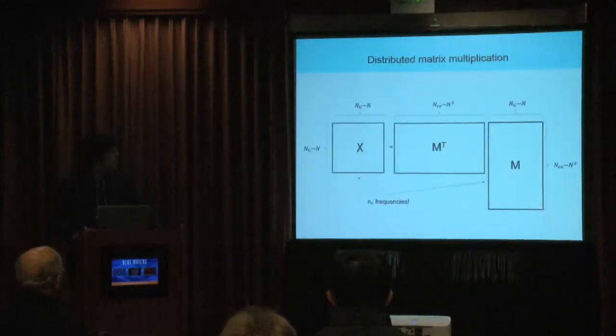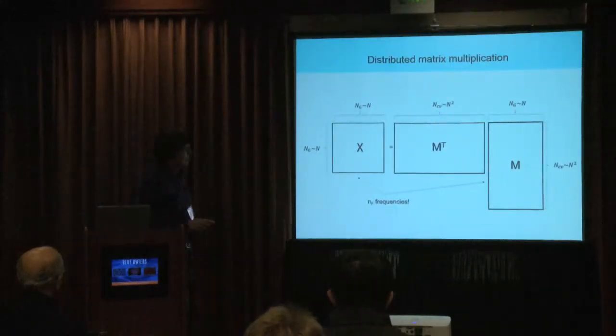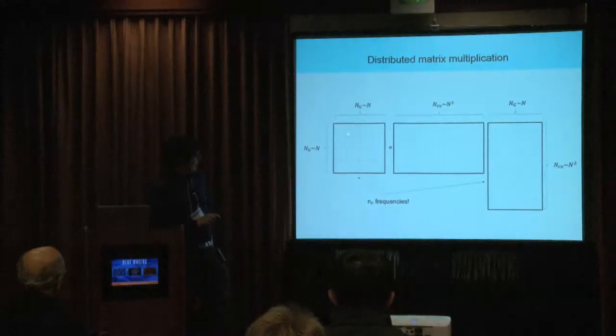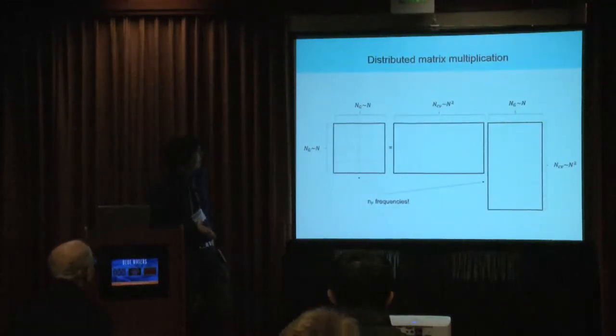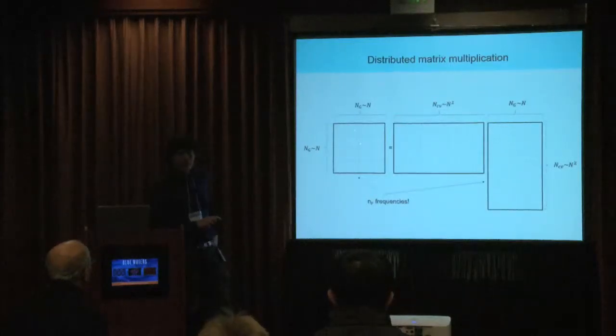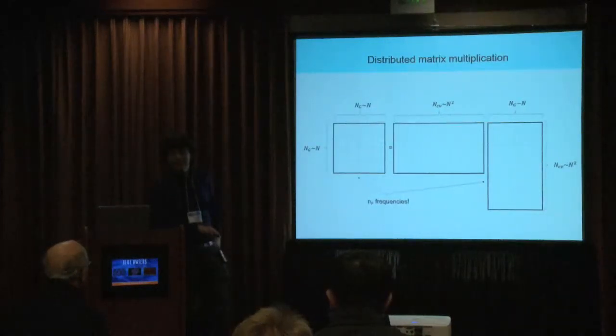This is, again, the matrix multiplication. What's tricky here is that both sides are distributed, but differently. On this side, the dielectric matrix is broken up into blocks like this, because this is how ScaLAPACK likes things.